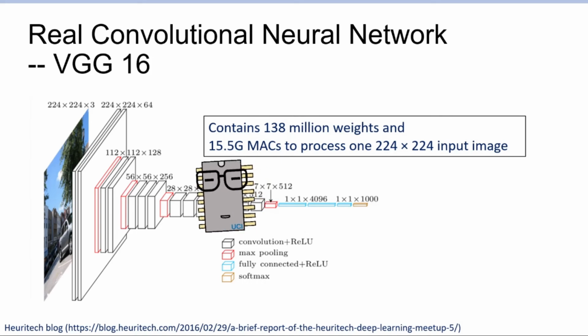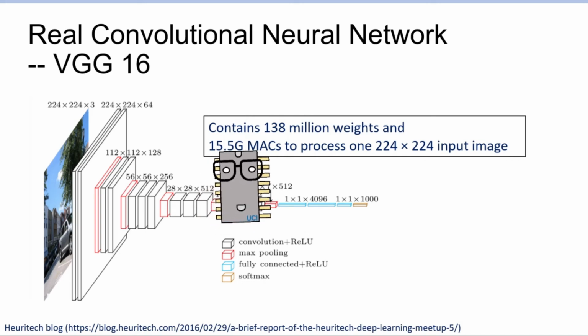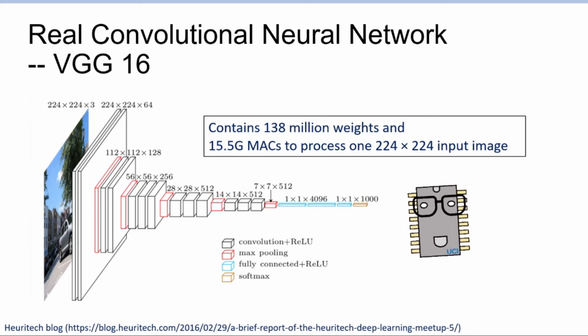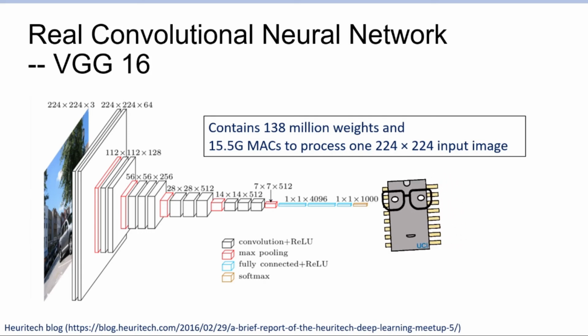If you remember the Lab 1 work that you've done, and say you have reached 30 gigaflops over 4 cores, 30 giga floating point operations per second, the inference of this one model on a single image requires 30 gigaflops.